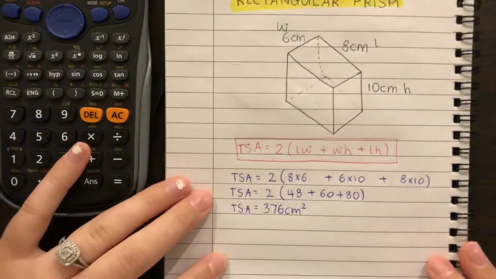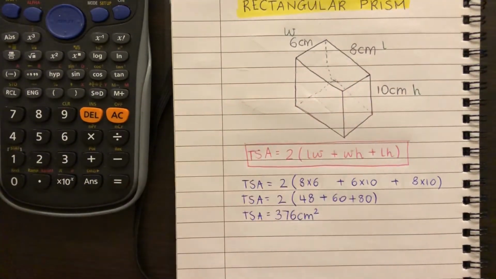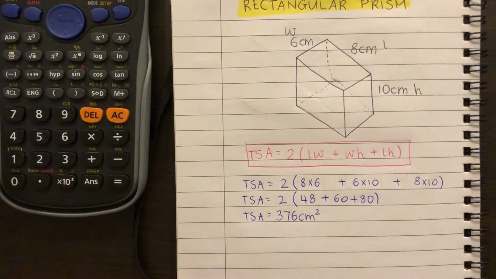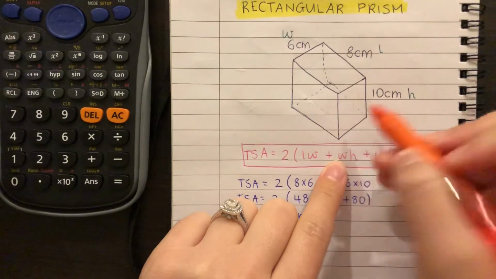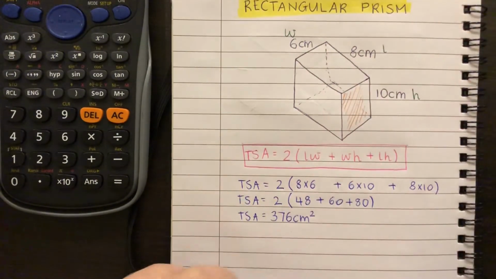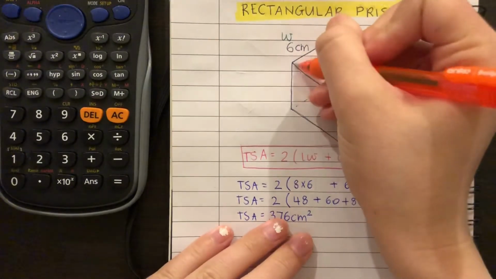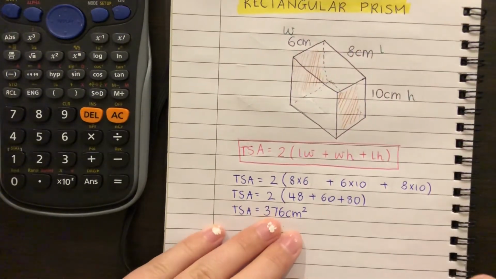Now I'm just going to quickly show you how we actually get the same answer if we do each face separately. So I'm going to use colours to show you which faces equal the same thing. Now here at the very, very front, this face is the exact same as this orange face back here.